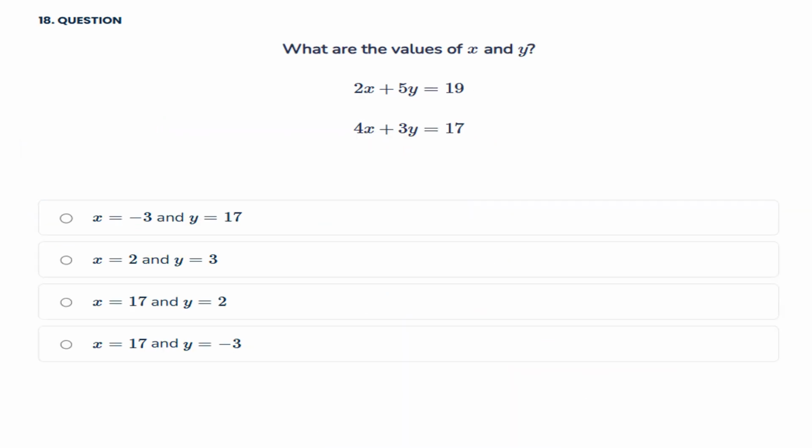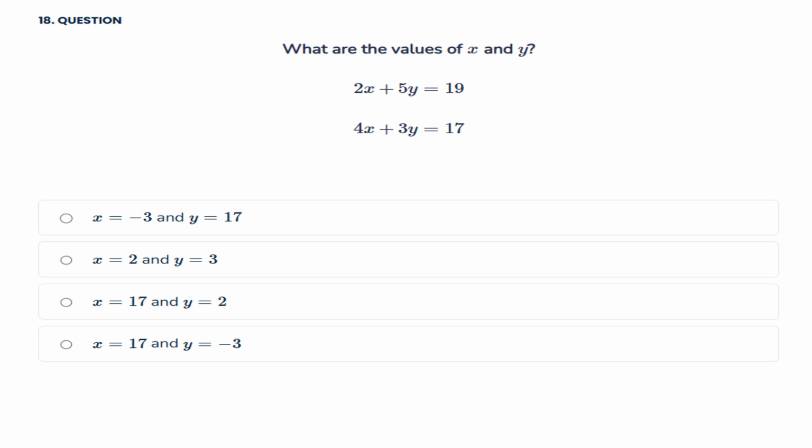In this problem, we are asked to find the values of x and y. When people see equations like this, they get really nervous. It's actually pretty simple to do once you know some of the rules to follow.